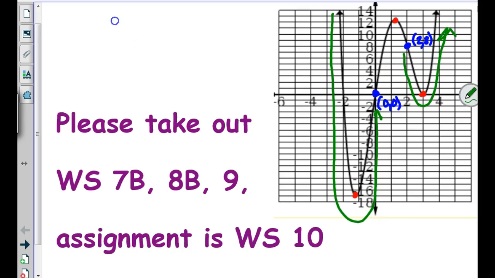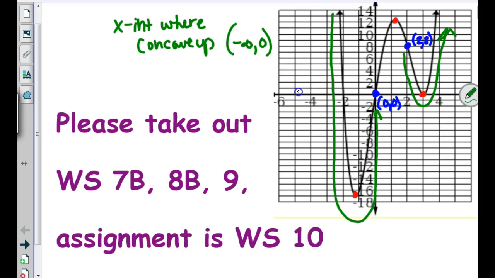Okay, so X intervals where it's concave up would be the left of the graph until we got to the X value of 0. And then again, to the right of 2 here. So we'd say also 2 to infinity.